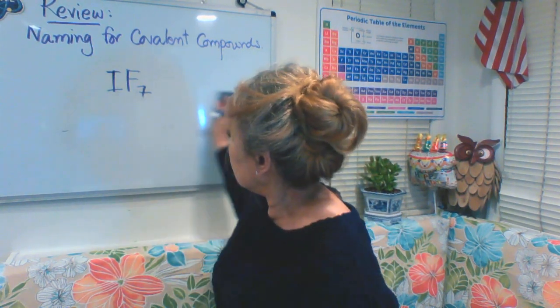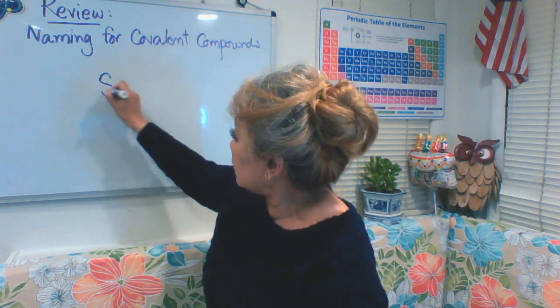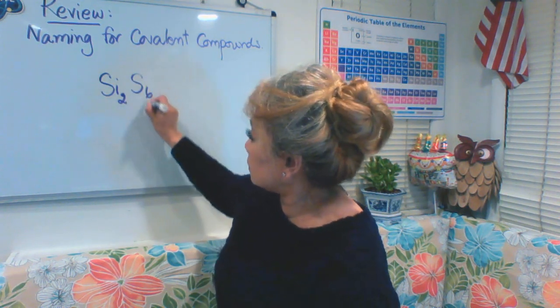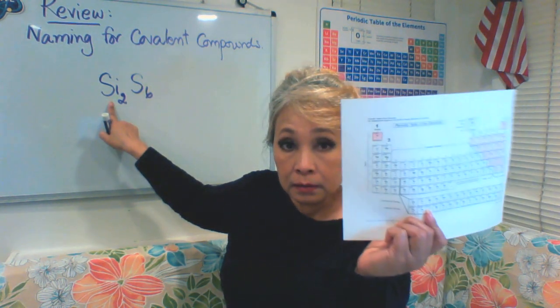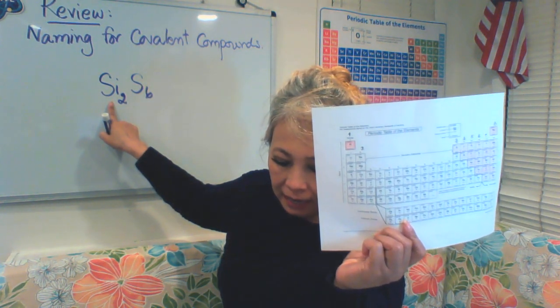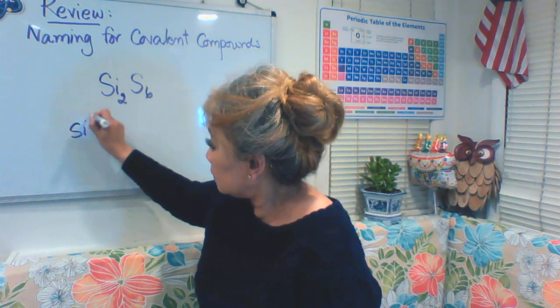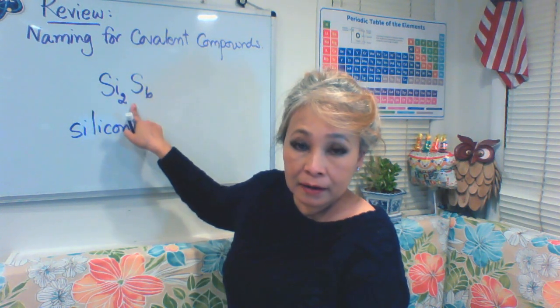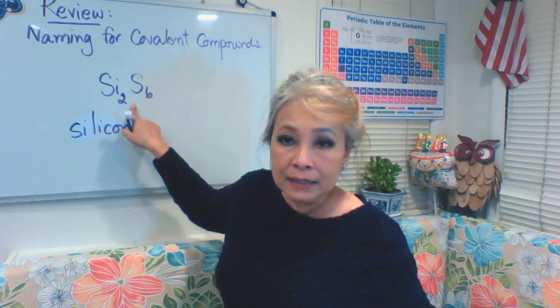Next, Si2S6. Si, name following the periodic table. What is it? Si is silicon. Write down. Silicon. How many atoms? 2. What is the prefix for 2? Di.